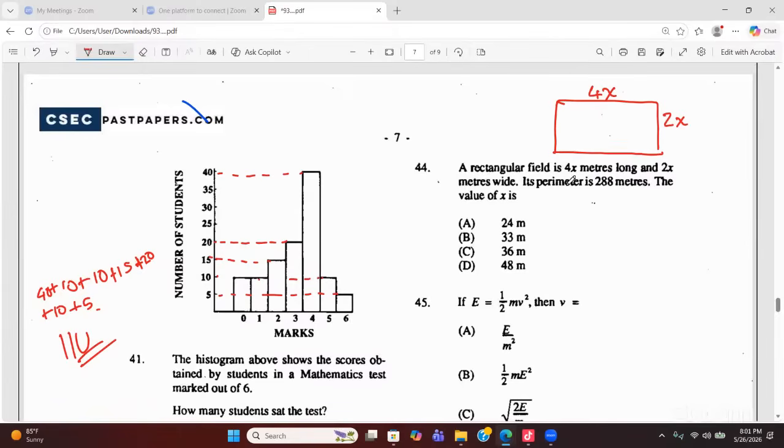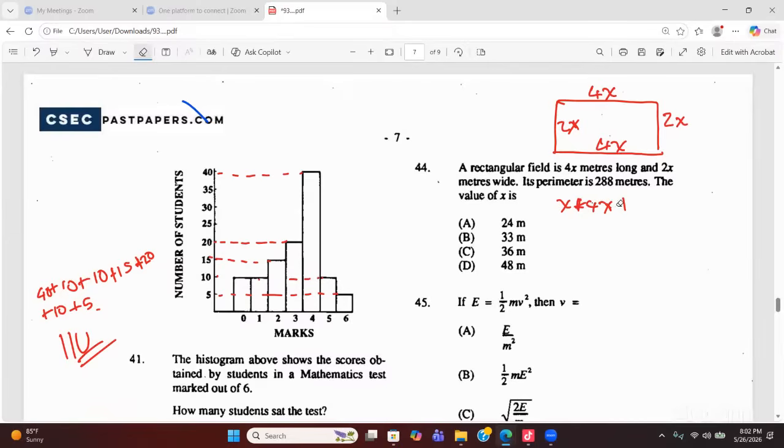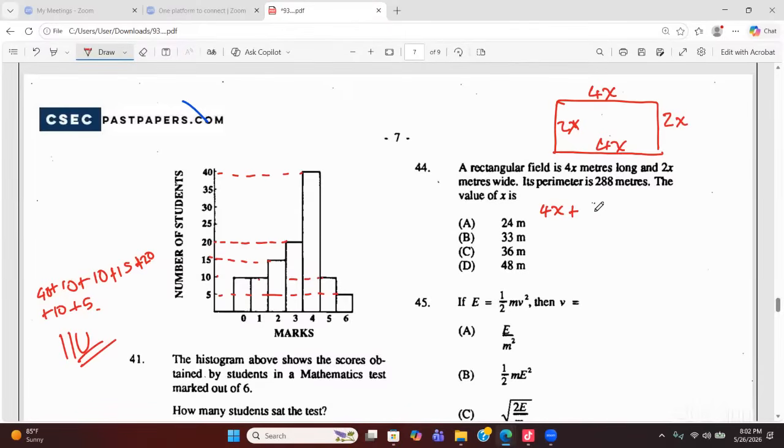So what is x? You're going to apply your principle here. The perimeter is the sum of all the sides. So we're saying 4x plus 4x plus 2x plus 2x is 288.